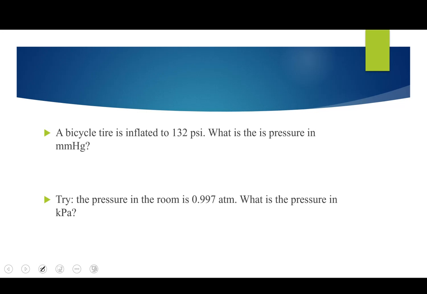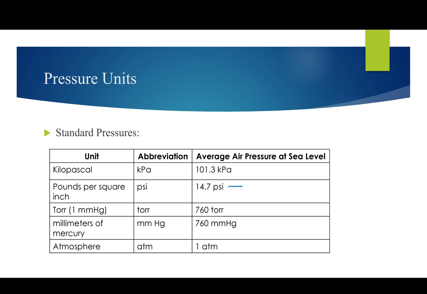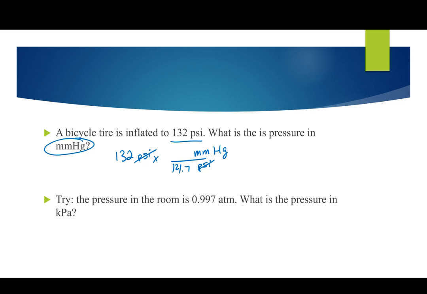So if I have a bicycle tire inflated to 132 PSI, that seems like a lot. What is the pressure in millimeters of mercury? So 132 PSI, we're going to cancel that unit PSI, and we're going to convert to millimeters of mercury. We're going to go back to this table and use our standard pressures as our conversion factor. So 14.7 PSI equals 760 millimeters of mercury.